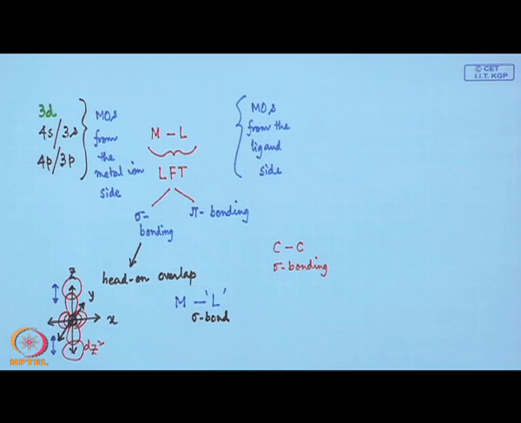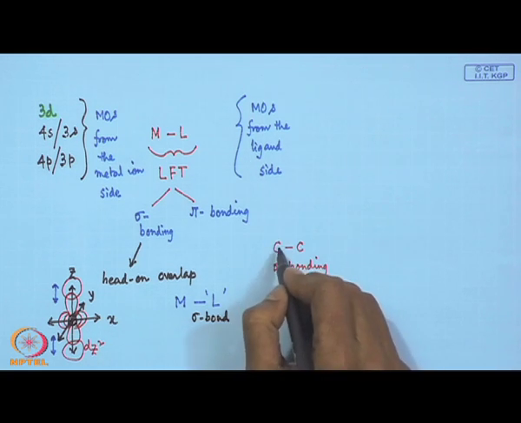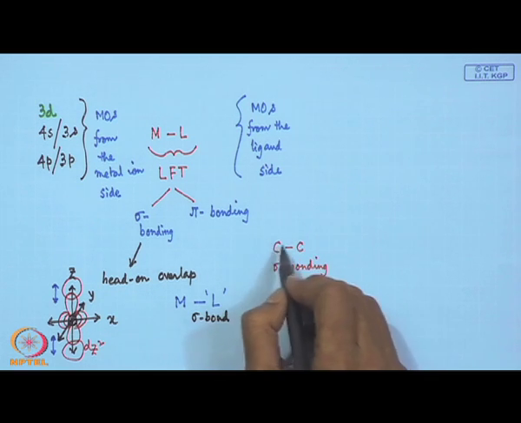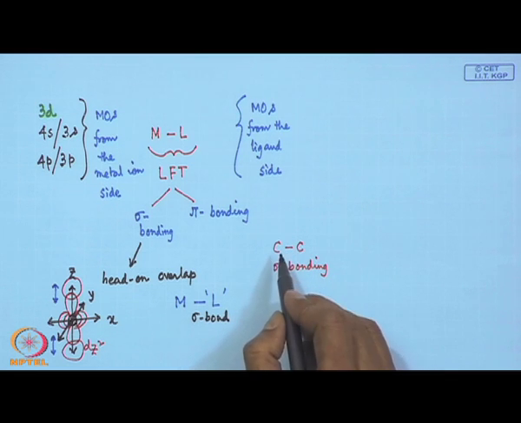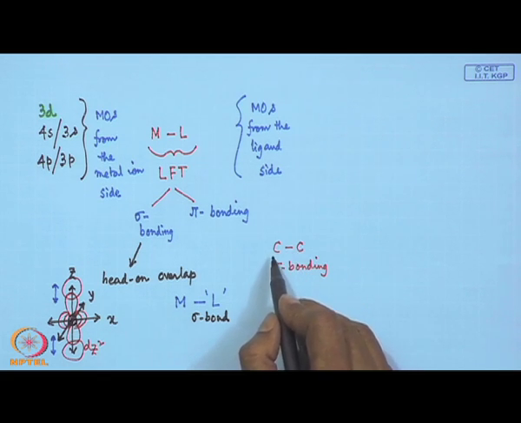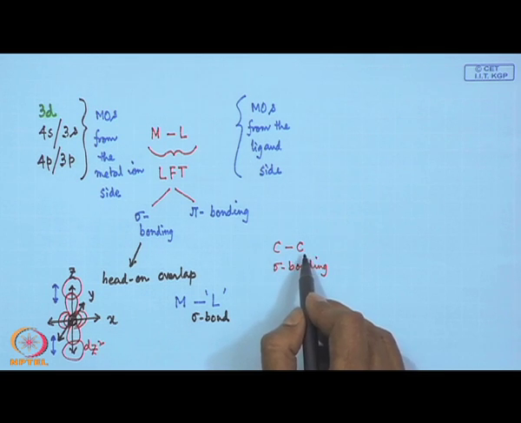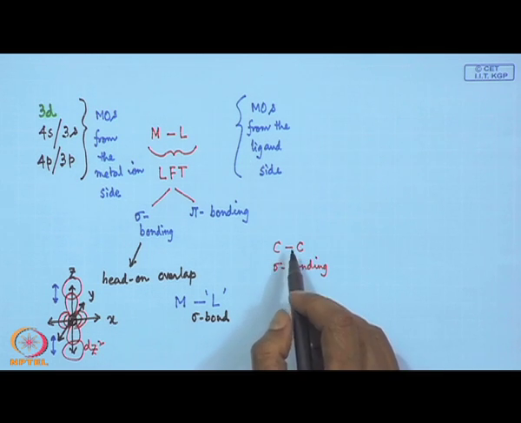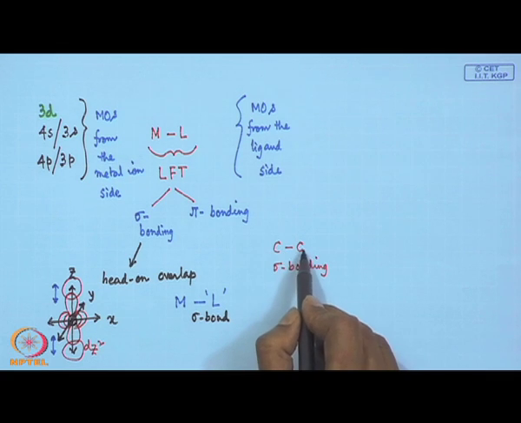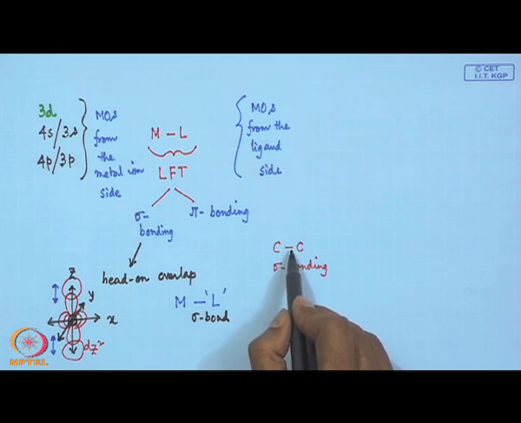That means, when we have two carbon centers, we all know about the corresponding overlap because they are of the same type. So, there is no question of one particular atom serving as a donor atom and another atom serving as an acceptor atom; in this situation they are basically sharing these orbitals, and electrons occupy those bonding orbitals to give us the corresponding bond between these two carbon centers as a sigma bond.